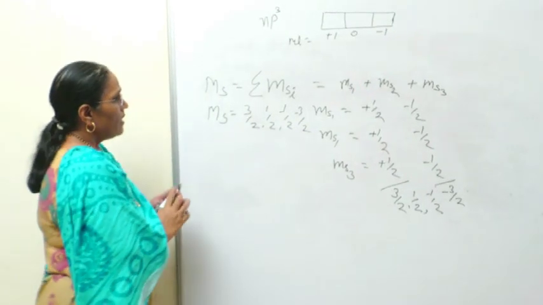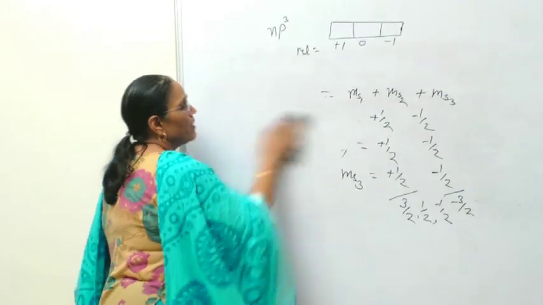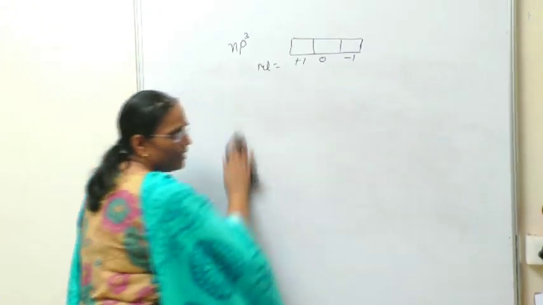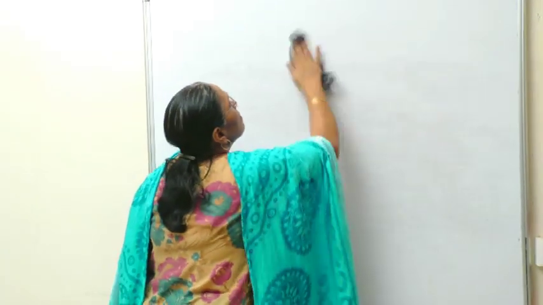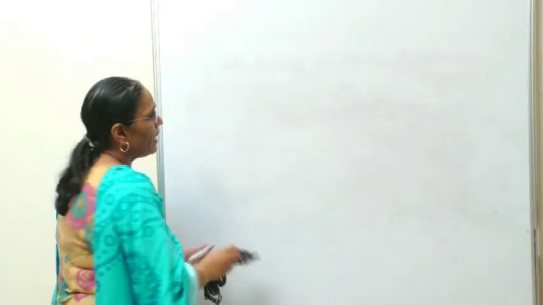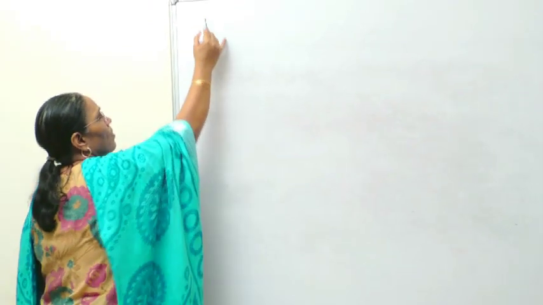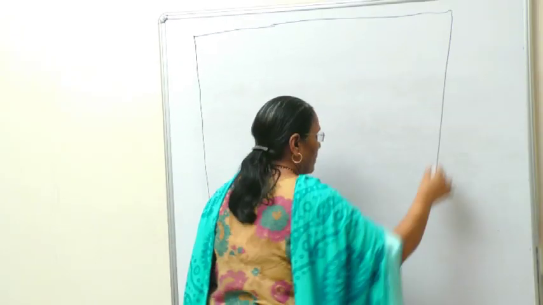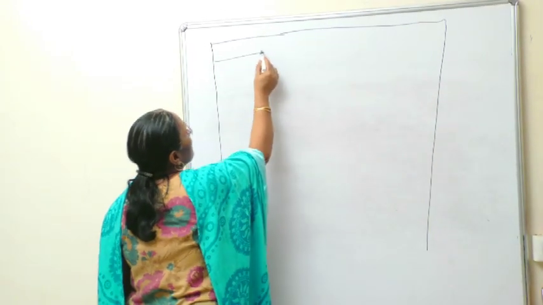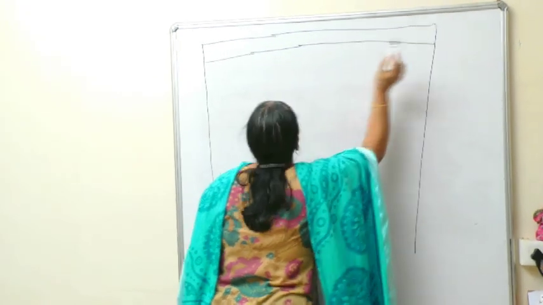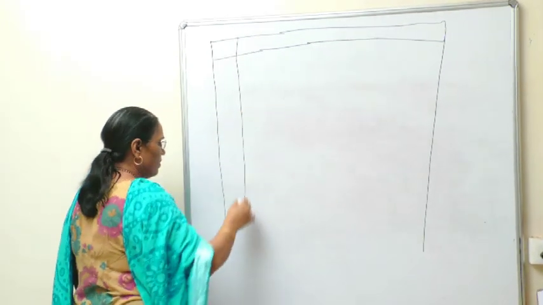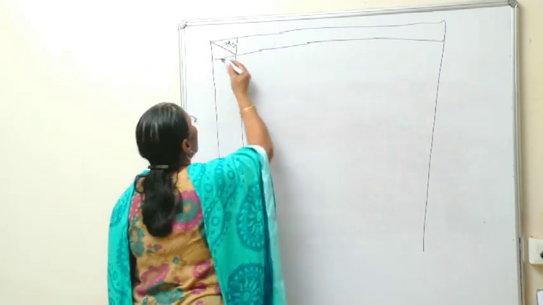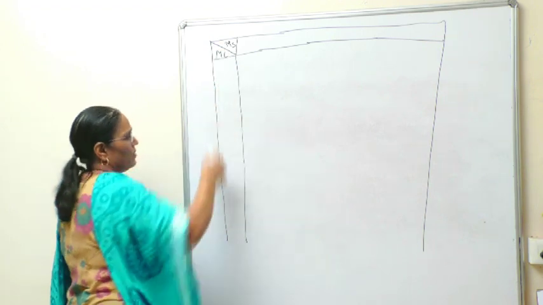So the next job is to construct the microstate table by using these ms and ml values. So let us find out the microstates in the form of a table. As in the case of d2 configuration, here make the first column. Here ms values will be written down, and here write down the ml values in this column.